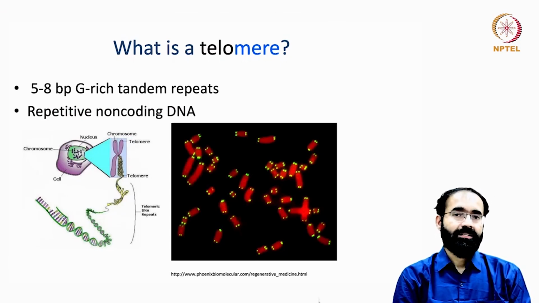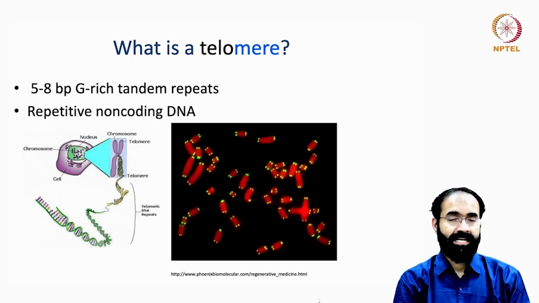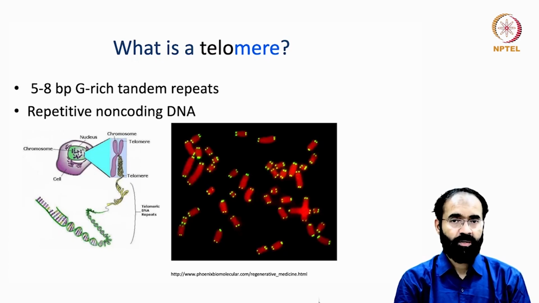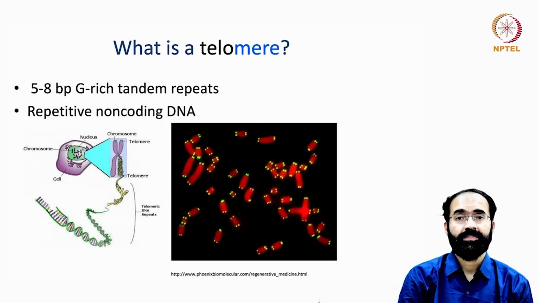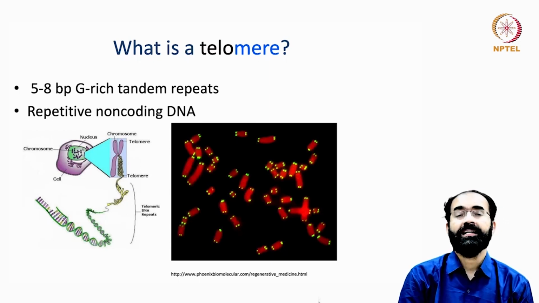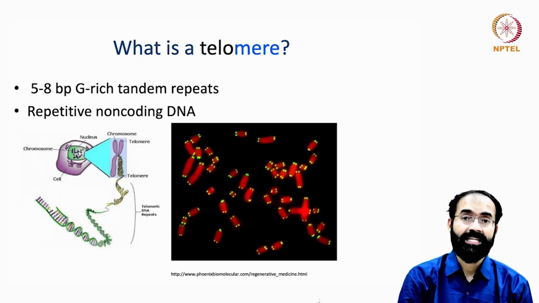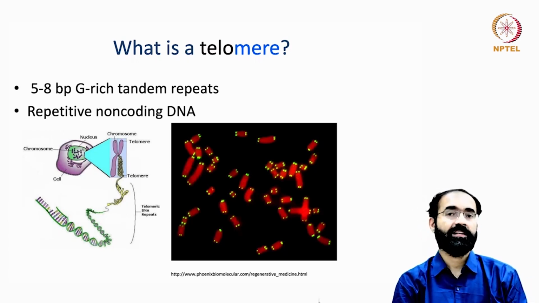So what will happen, one strand can happily copy from 1 to 100 without too much of a problem. Whereas the other strand, because of this end replication problem, will not be able to, because the lagging strand will not be able to complete the synthesis towards the tip because of lack of space. So one strand is 1 to 100, whereas the other one will be 1 to 90 only.